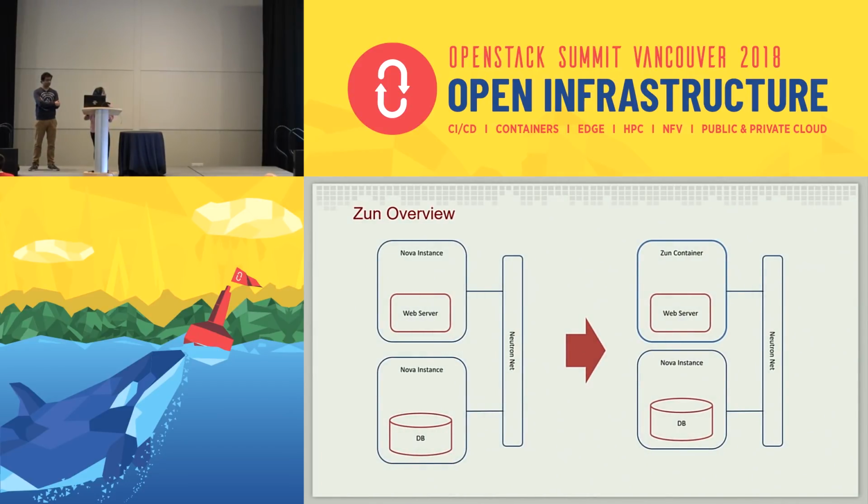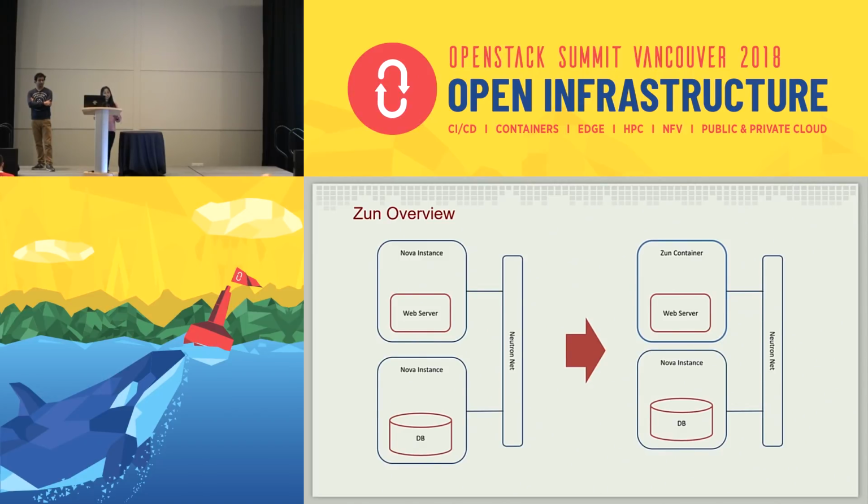What advantage do we provide if you use Zun? What's the actual advantage of having Zun in the OpenStack ecosystem? Earlier, we only had Nova for running your workloads on VMs. For example, take this application, where we are running a very lightweight web server and a database. We used to run all these kinds of application services on different VMs, which is not a proper use of the resources.